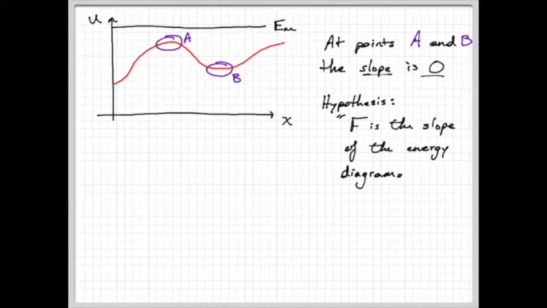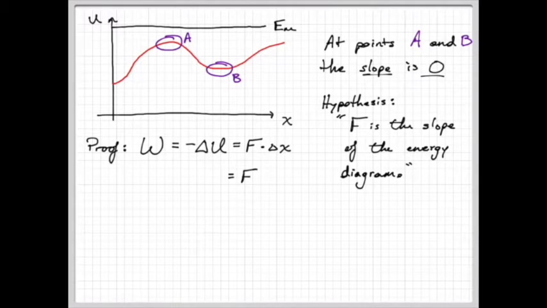All right, so in order to prove this point, let's think back to work. Remember, we know from the work energy theorem, work causes a negative change in potential energy. And remember, it's negative change because whatever we took from potential goes into kinetic. Okay, and recall that work was also force times displacement.